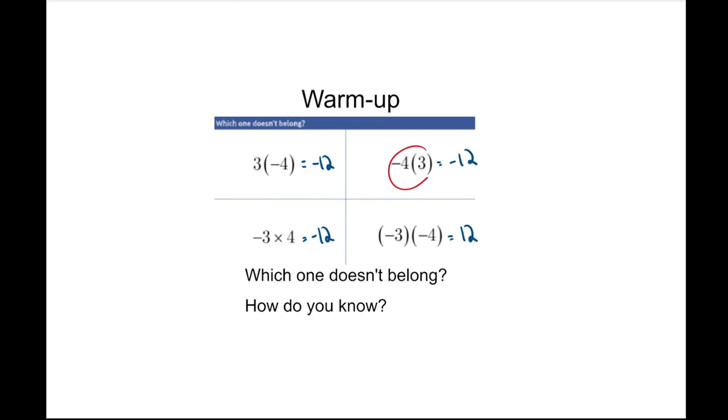Or you could have said this one is the odd one out because the 3 is second and the negative 4 is first, whereas in all the other ones, the 3 is first. So there's many different ways that you could figure this out. If we're just focusing on multiplying and dividing, then I would say that this last one is the odd one out because the solution is different from the other two.